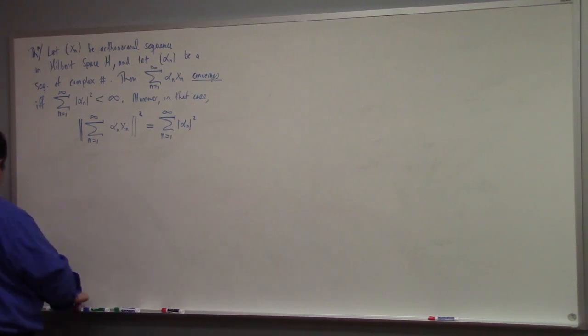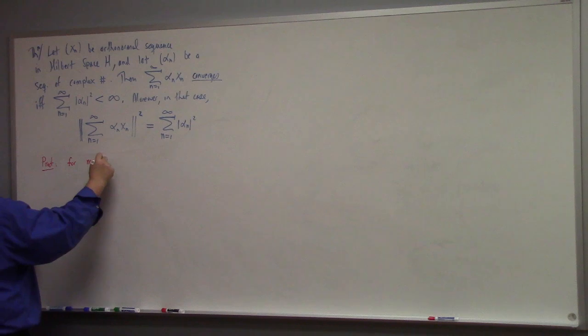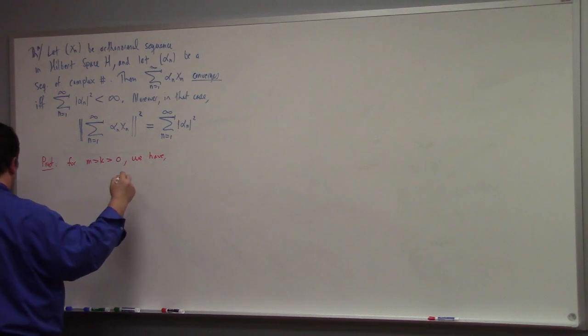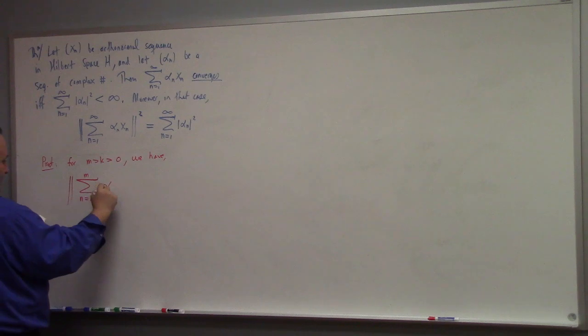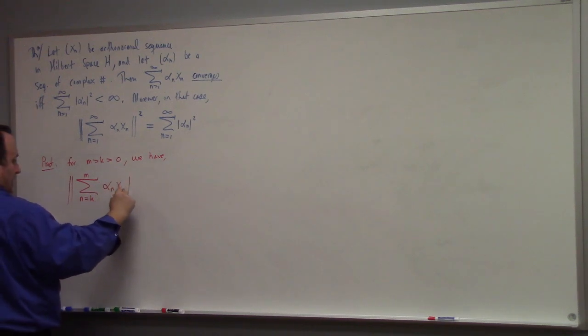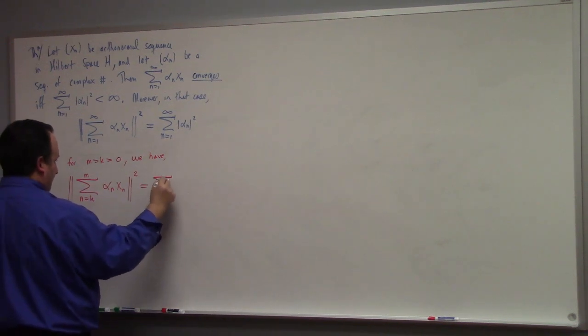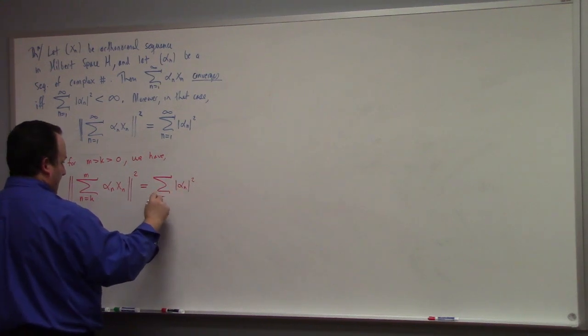All right, so proof. For m greater than k greater than 0, we have the norm of the sum n equals k to m of alpha n xn, squared, is equal to the sum of the squared moduli of alpha n, n equals k to m.